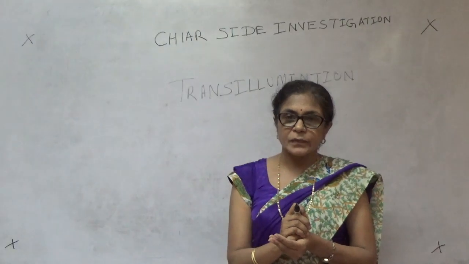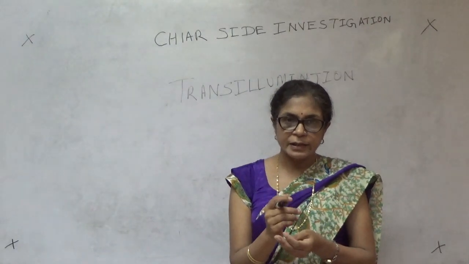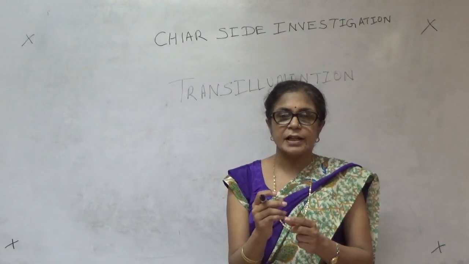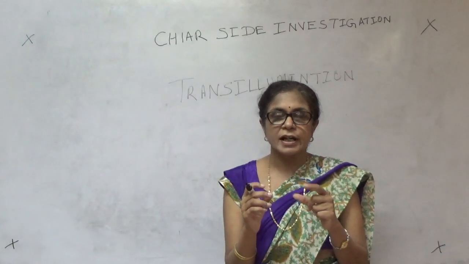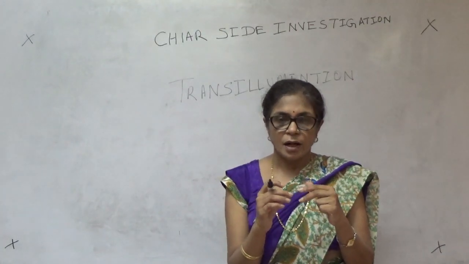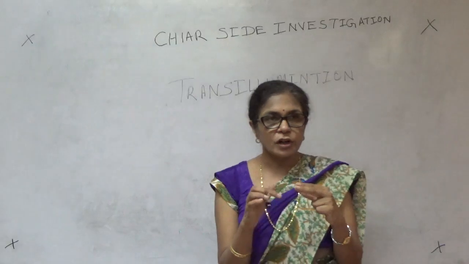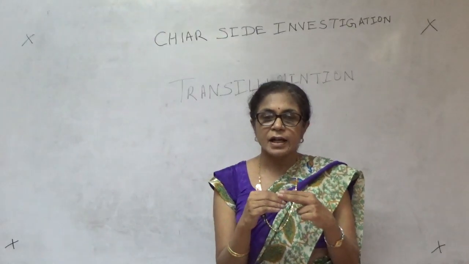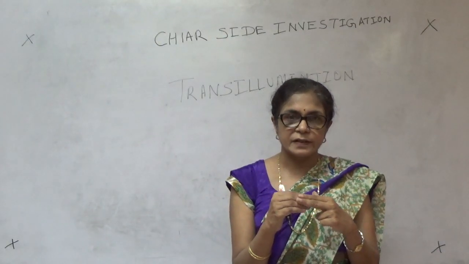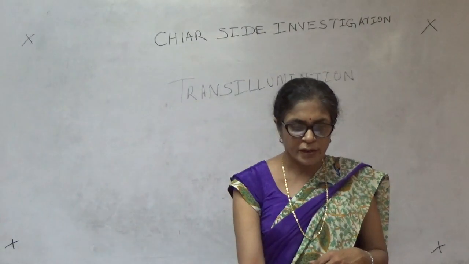We put a light, and then we can see if there is some blockage which is not letting the light pass. That is how we detect something is there. So this is also a method.